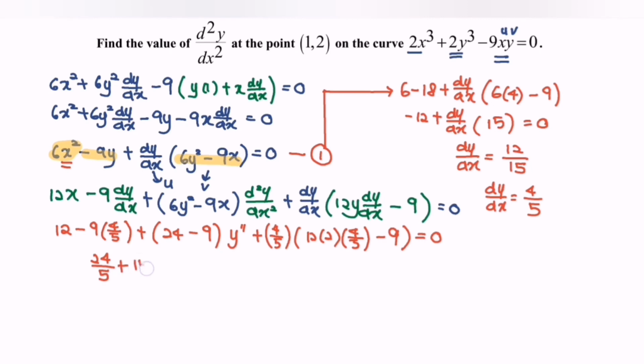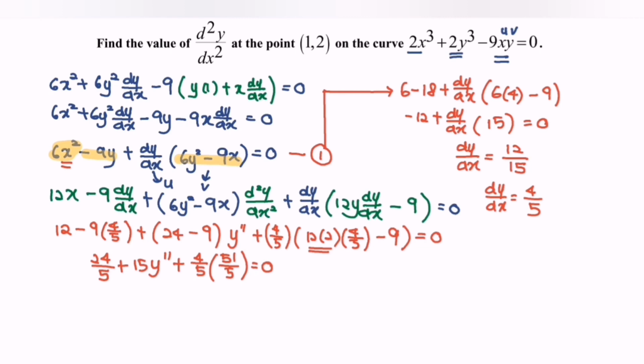Plus 15y double prime, plus 24 multiplied by 4 divided by 5 minus 9, and we will have 4 over 5 bracket multiplied by 51 over 5, which equals 0.